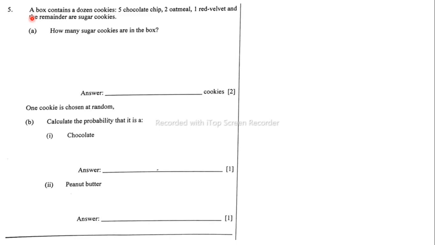So it says one box contains a dozen cookies. What is a dozen? 12. Five chocolate chips, two oatmeal, one red velvet, and the remainder are sugar cookies. How many sugar cookies are in the box? That should be pretty straightforward.